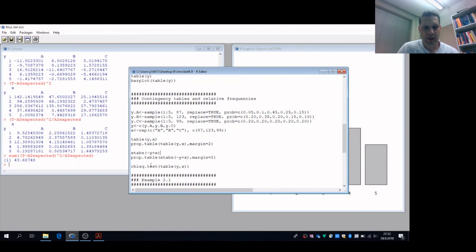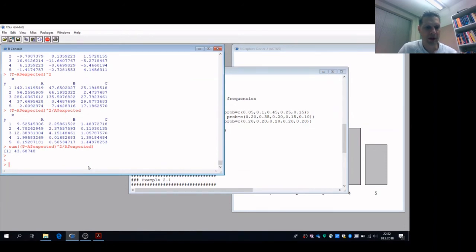So that's it. But then there was another thing here, what is called the function xtabs, which is another way of forming this sort of crosstabs.